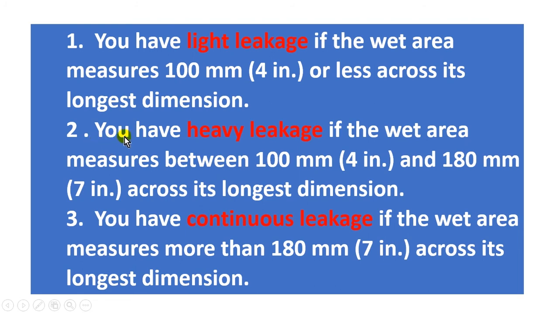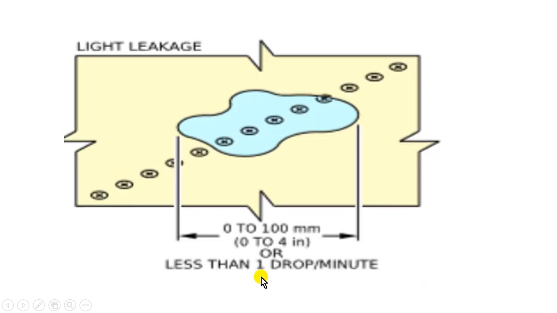Number 2, you have heavy leakage if the wet area measures between 100 and 180 millimeters, 4 inches and 7 inches across the longest dimension. Number 3, you have continuous leakage if the wet area measures more than 180 millimeters or 7 inches across the longest dimension. So these are the 3 types.